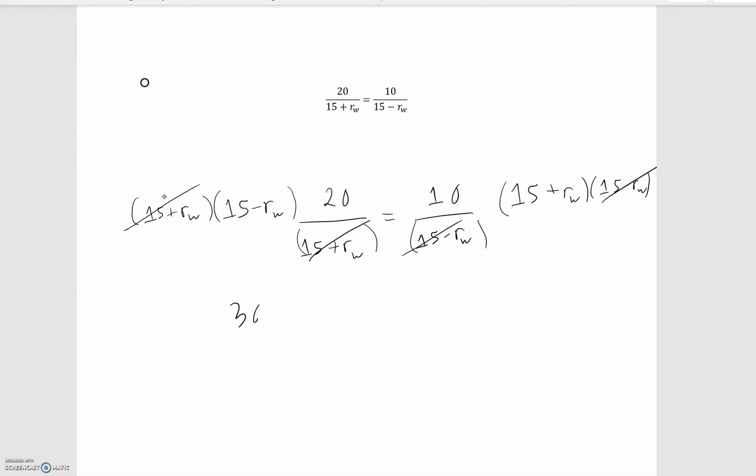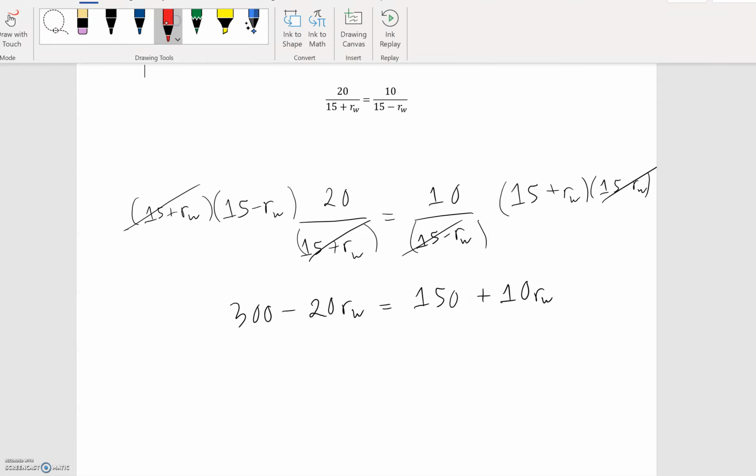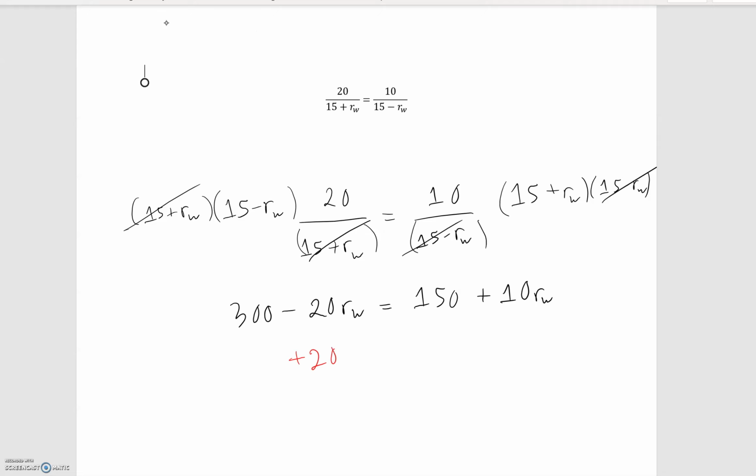So here I have 300 minus 20 r sub w equals 150 plus 10 r sub w. And then we just move all of our variable terms to one side and the non-variable terms to the opposite side.